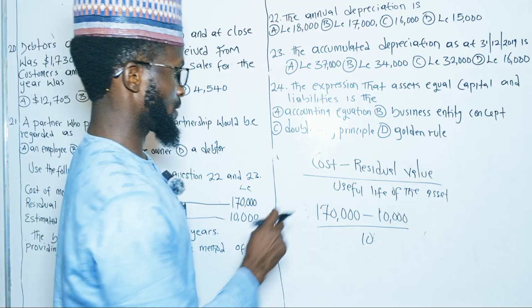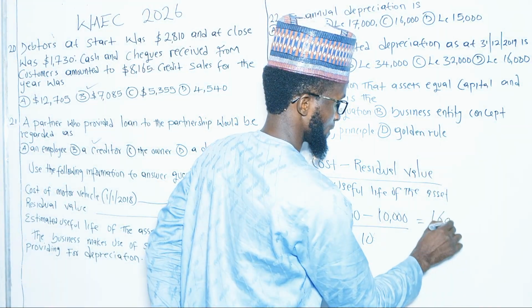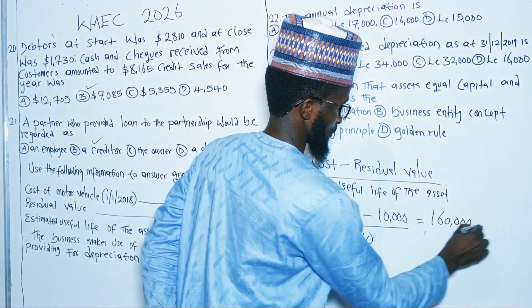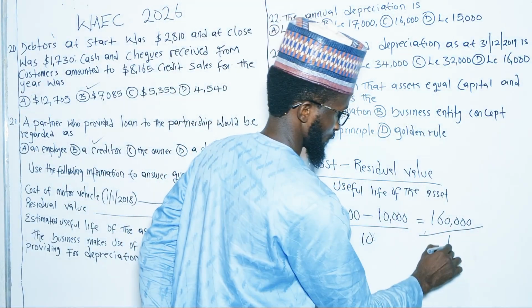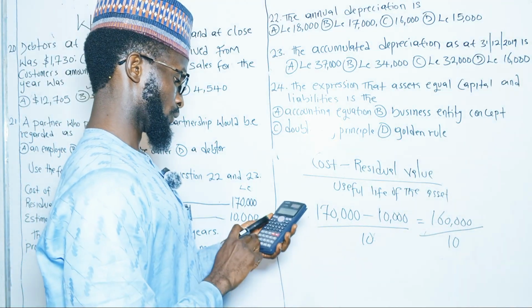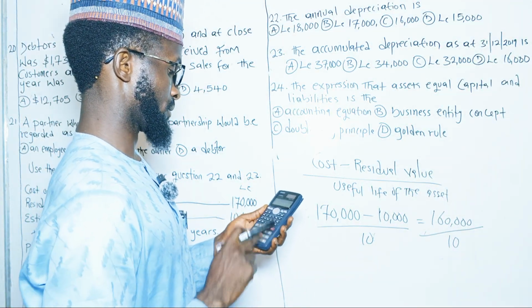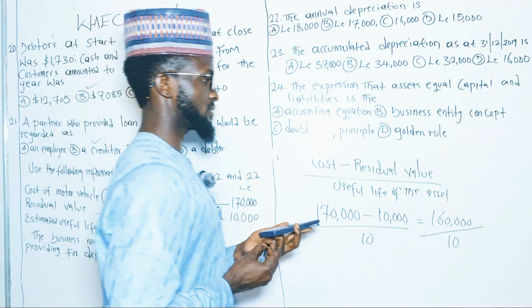So now, 170,000 minus 10,000, you have 160,000, all over 10. 160,000 divided by 10, we have 16,000.